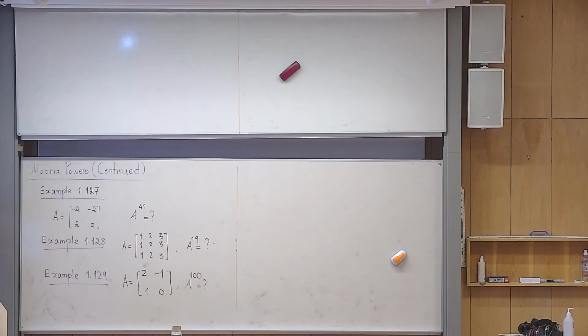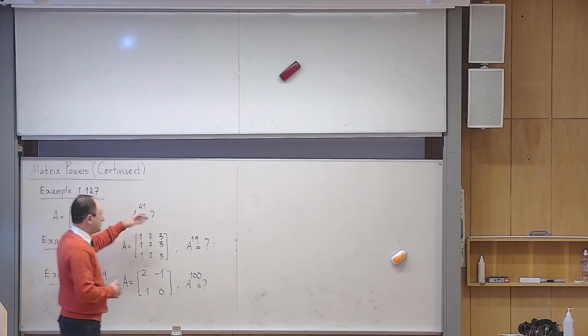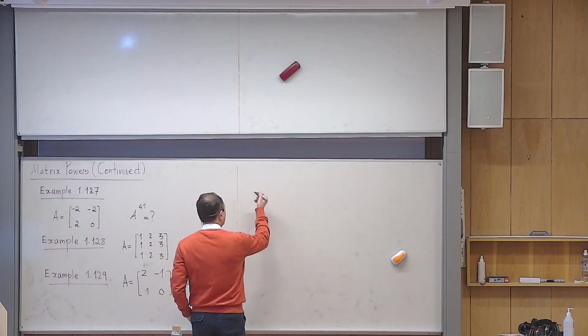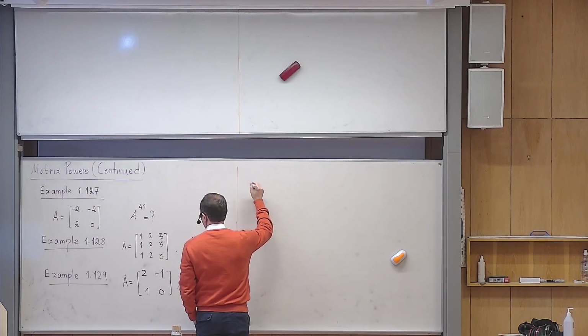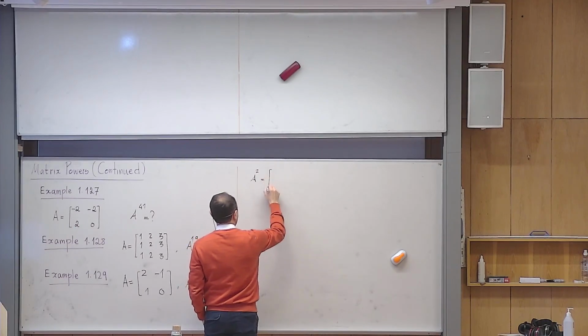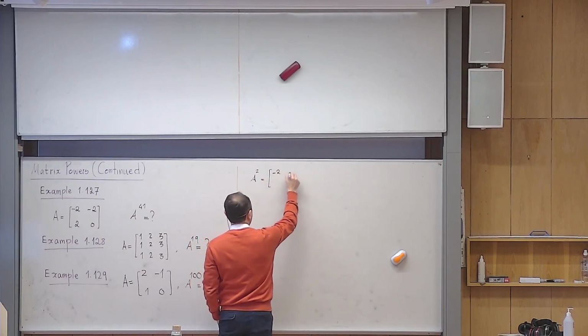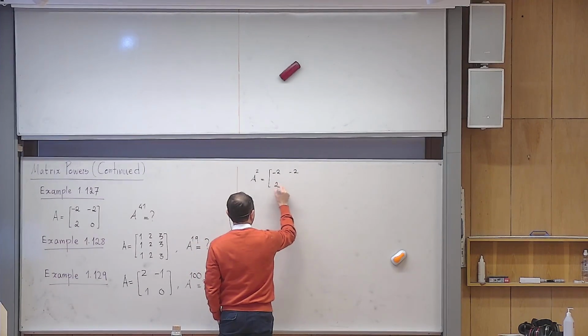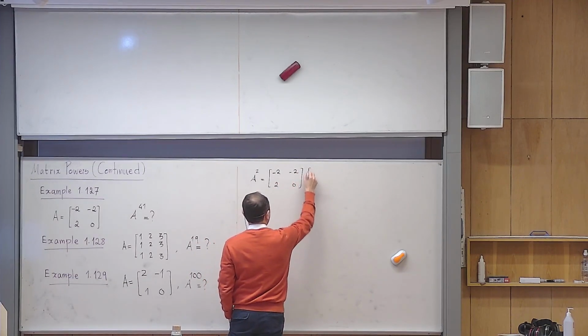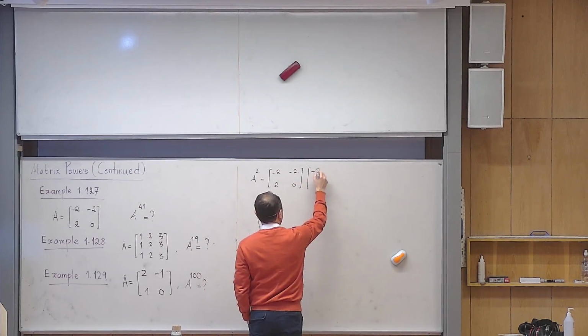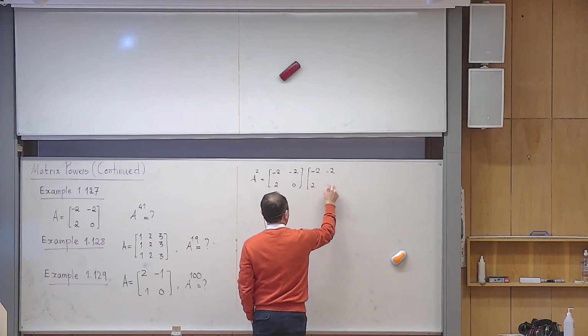Okay, so let us check. This matrix is given. I'm supposed to calculate A to power 41. So what should I do? The first thing I do is start calculating the low powers. So A squared means matrix A, which is -2, 2 and 0, multiplied by the matrix itself, -2, 2 and 0.